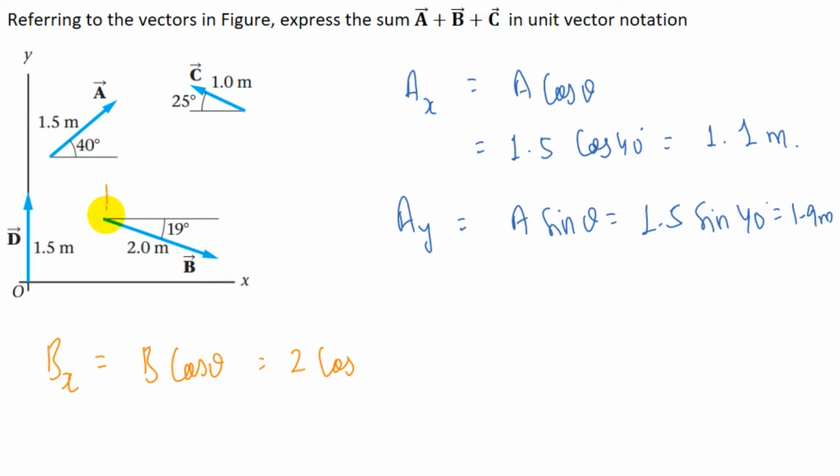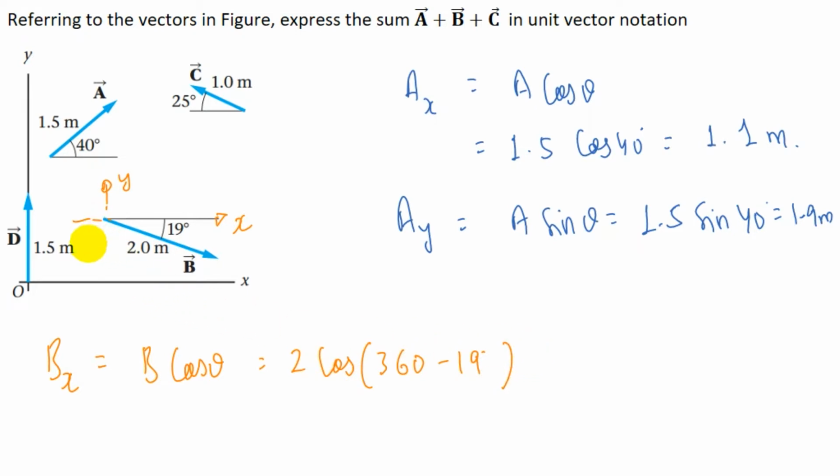If you consider the coordinate system here, this would be our positive x and this would be our positive y. This is the first method: we should take theta as 360 degrees minus 19 degrees.